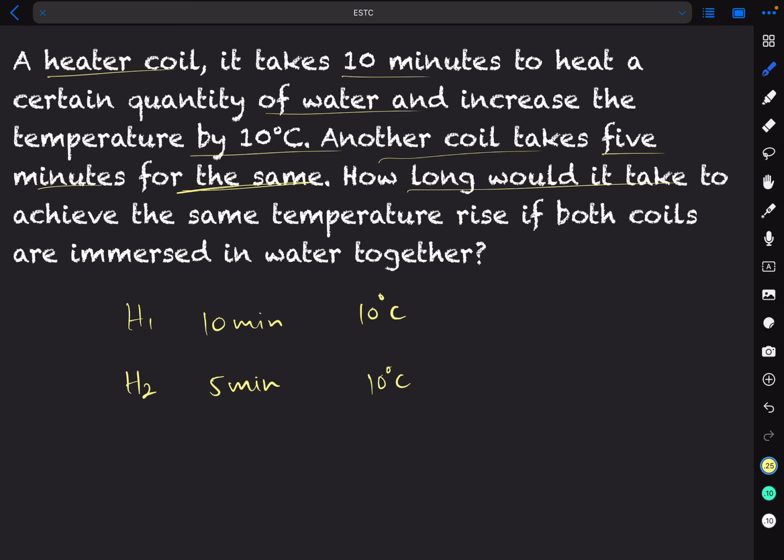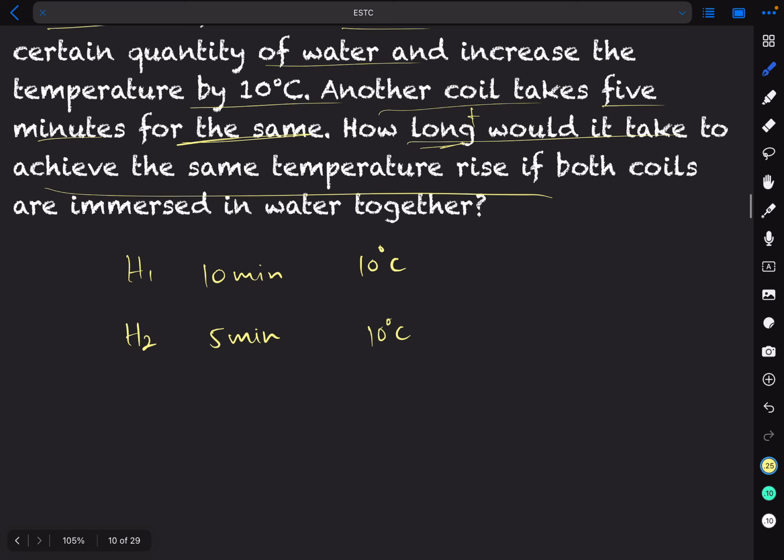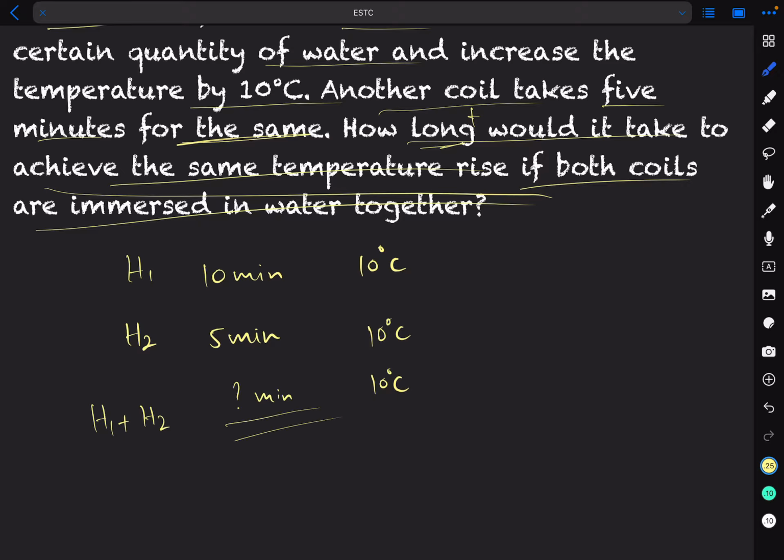How long would it take to achieve the same temperature rise, 10 degrees Celsius, if both coils are immersed together? We are going to immerse these two and we need a 10 degree Celsius rise, and how much time will it take is the question. Alright?